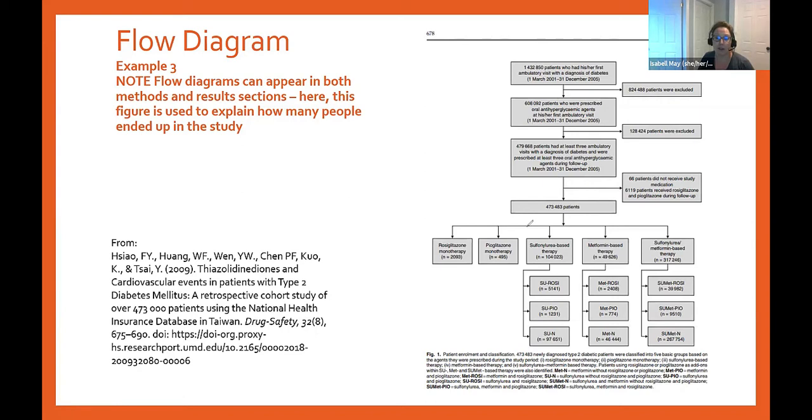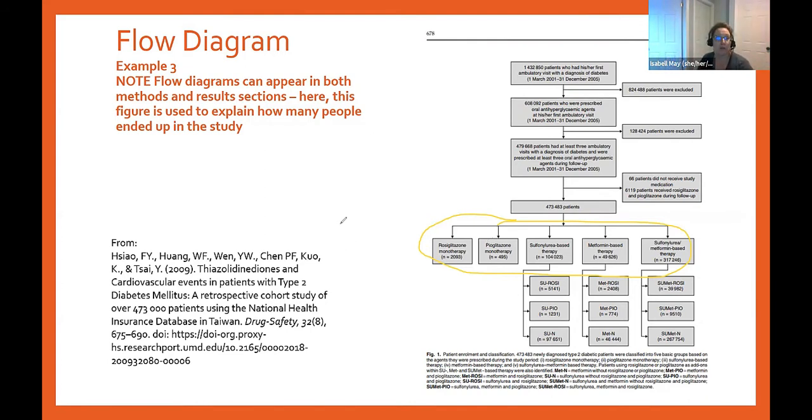This is a study I mentioned earlier about diabetes 2, the different drugs and so on. So right, this is a great vehicle to shorten your writing in your method section, describing how you kind of funnel your participants.